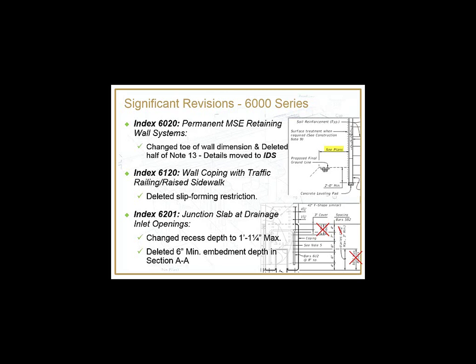So we're just making that consistent. The junction slab at drainage inlet openings, the recess dimensions were not consistent with the other indexes, so those have been updated. So now everything should match across all the MSE wall junction slab indexes.